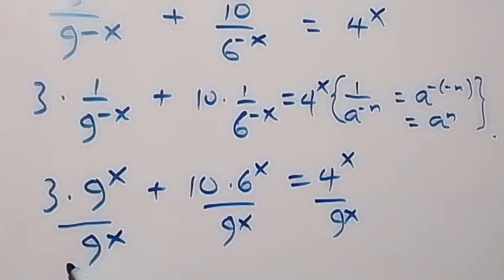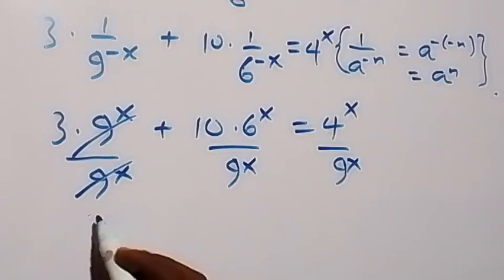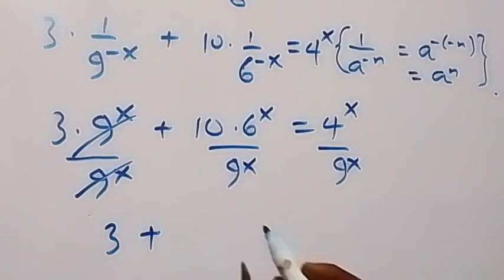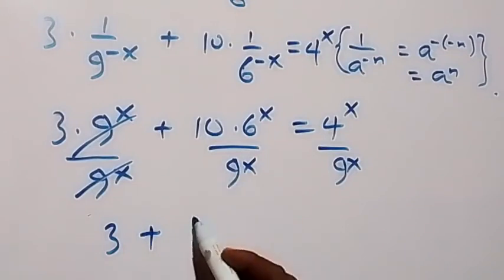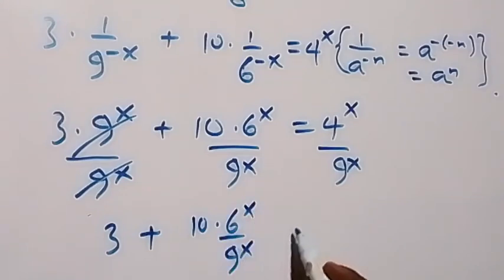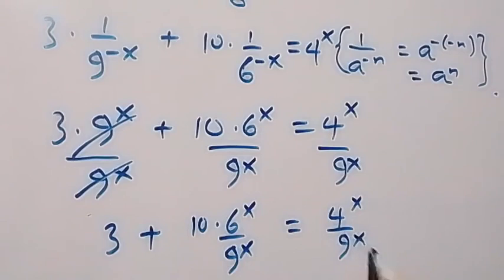Here 9 raised to power x will cancel, and we are left with 3, plus, we can separate this as 10 times 6 raised to power x over 9 raised to power x, equals 4 raised to power x over 9 raised to power x.